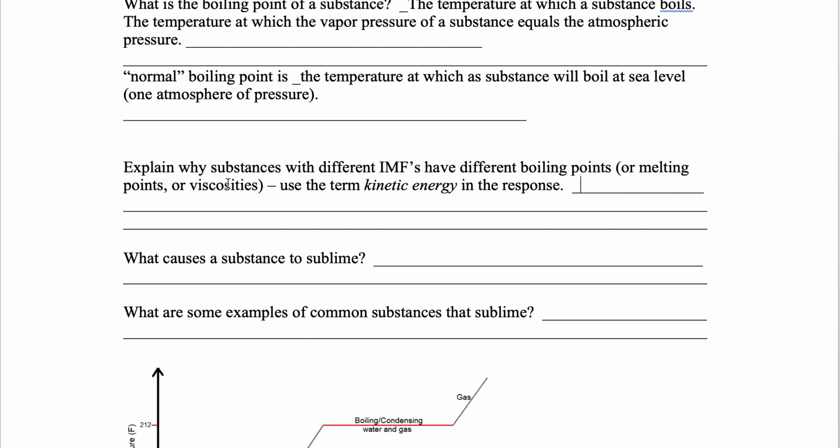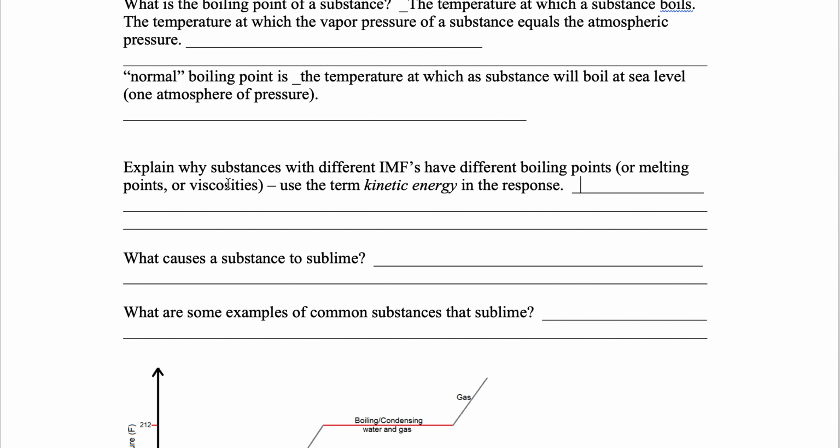So again, when the kinetic energy of the particles of a substance gets high enough to overcome the intermolecular forces that are holding the substance as a liquid, particles will escape into the vapor phase.